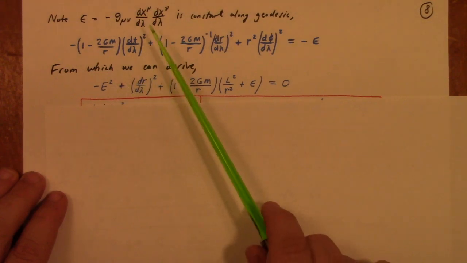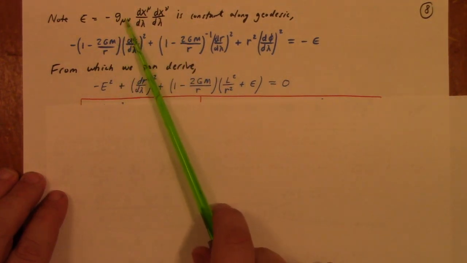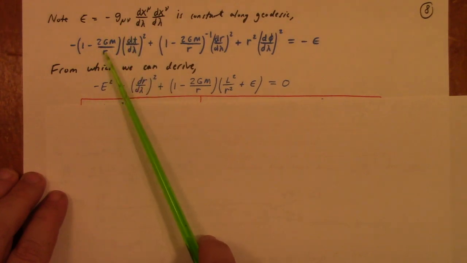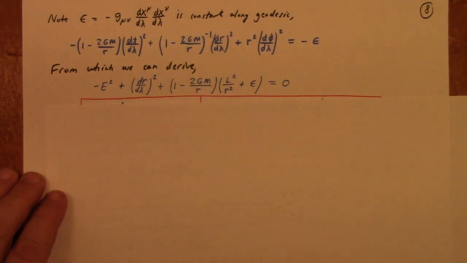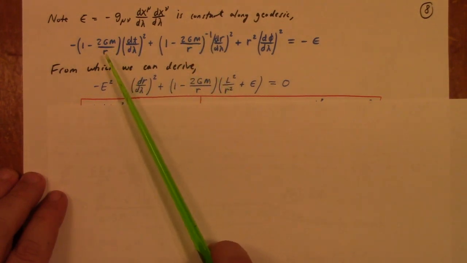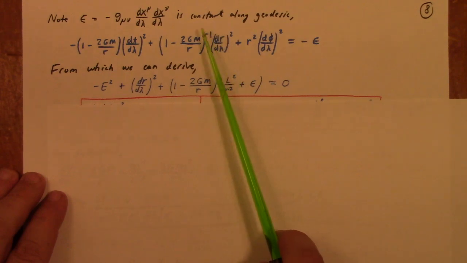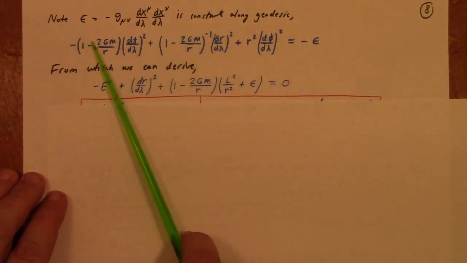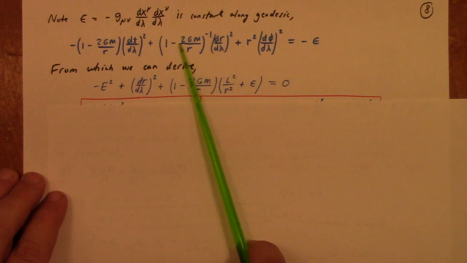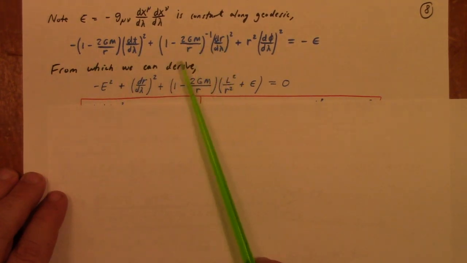More generally, you can put in the Schwarzschild metric components here, and from this you can derive that this is the energy squared, I think, and this gives me dr/dλ. So you multiply by this factor, not the reciprocal, but the factor, to kill the reciprocal. That leaves you just this.